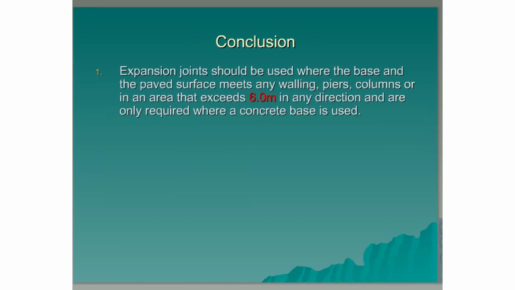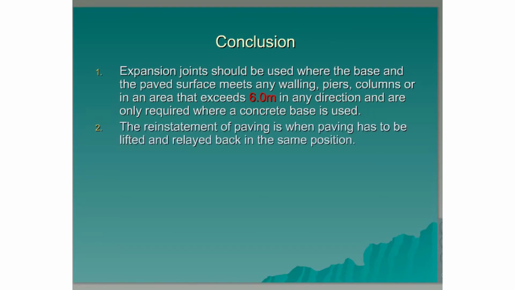Conclusion. Expansion joints should be used where the base and the paved surface meets any walling, piers, columns, or in an area that exceeds 6 metres in any direction, and are only required where a concrete base is used. So therefore expansion joints are only used in rigid paving. The reinstatement of paving is when paving has to be lifted and relaid back in the same position.